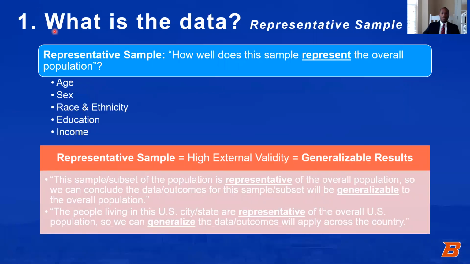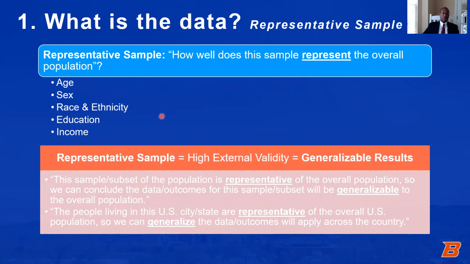Again, talking about the data, in addition to having elements on testing, cases, and deaths, you also have to make sure that the data you're looking at is representative. You want to make sure that you have a representative sample. I know we have varying degrees of education on this subject within the webinar today. So when we're talking about a representative sample, one question is how well does this sample represent the overall population?